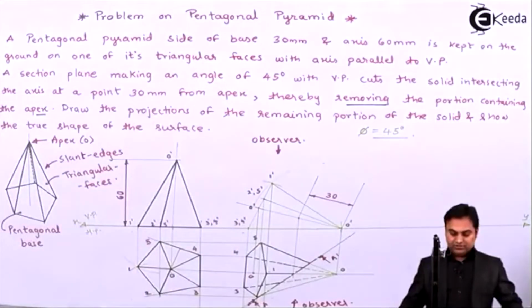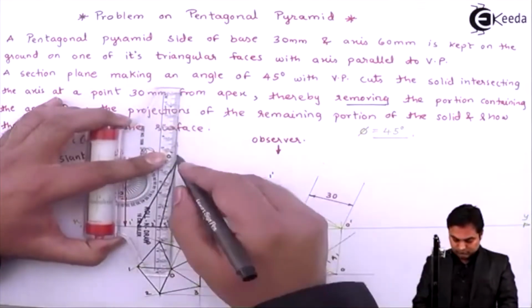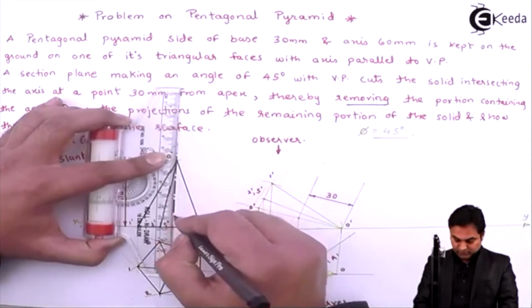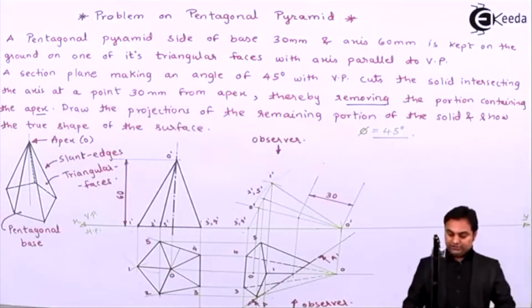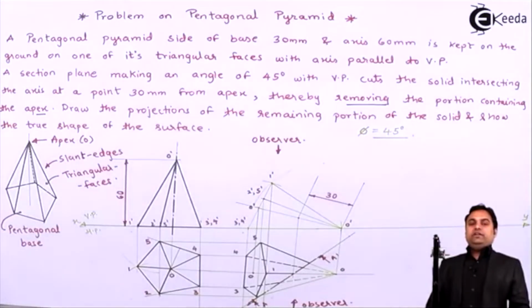So here is the initial condition. I have made it dark after locating the cutting plane. Next I have to project these points up so that I get the sectional front view.